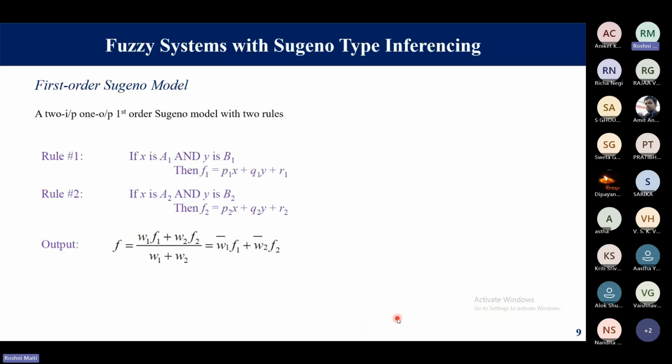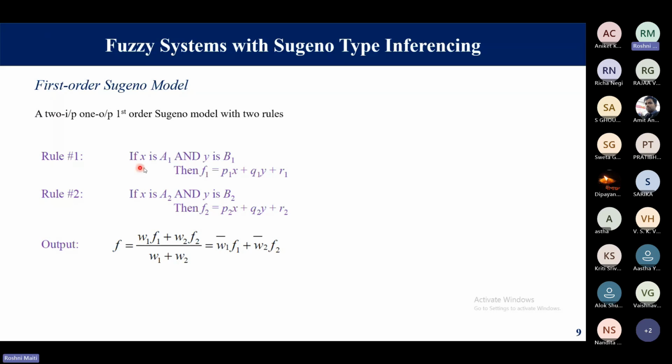So the previous one was the Mamdani model. Next one is the Sugeno model. In case of the Sugeno model, the if-then rules depend upon some function, not a specific value. Here this one is the first order Sugeno model.